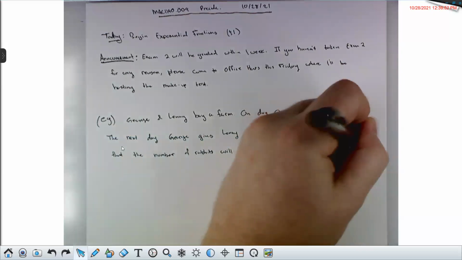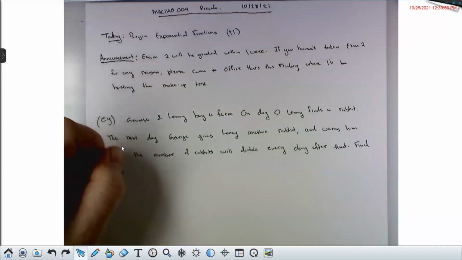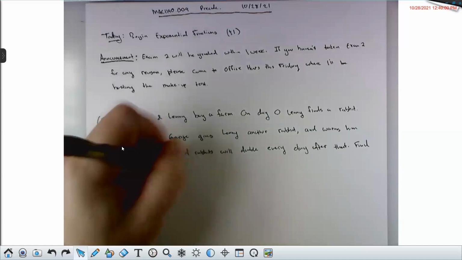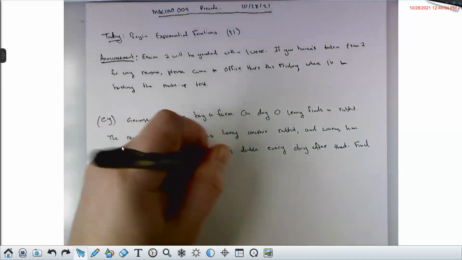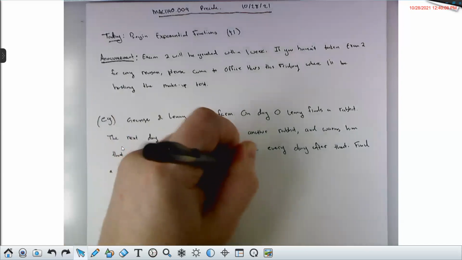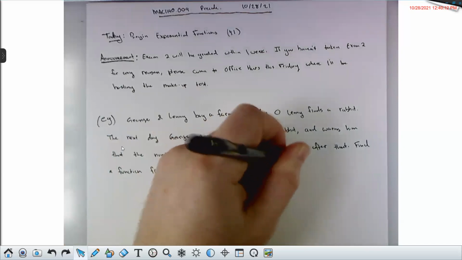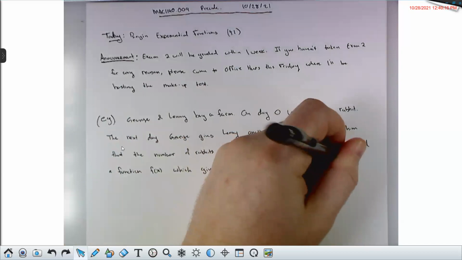We want to find a function f of x, which gives the number of rabbits on day x.